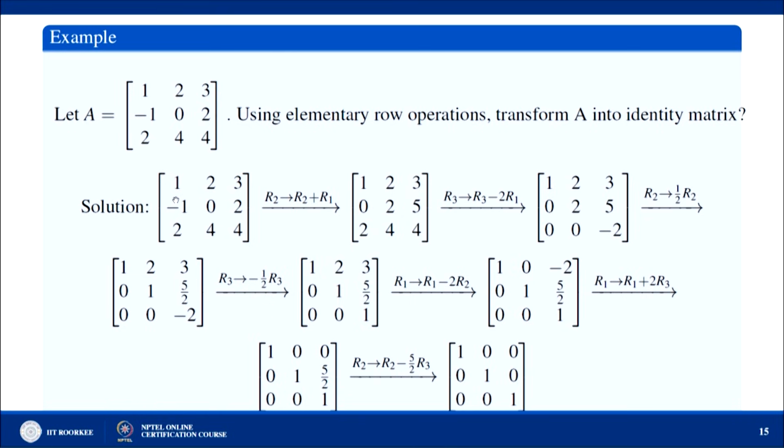To make 0 here, we take this row R2 and add R1, because minus 1 plus 1 will become 0 here. So, we replace R2 by R2 plus R1. Now, minus 1 plus 1 is 0, 0 plus 2 is 2, 2 plus 3 is 5. So, this is the first elementary row operation which we have applied in this matrix.